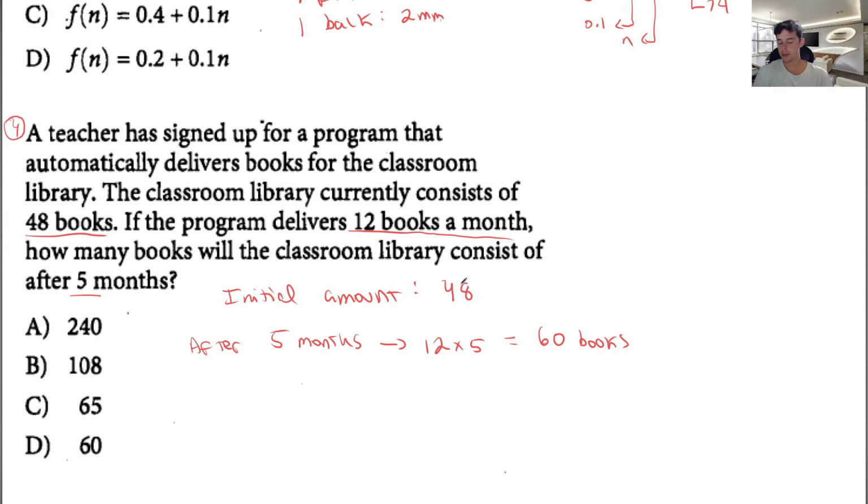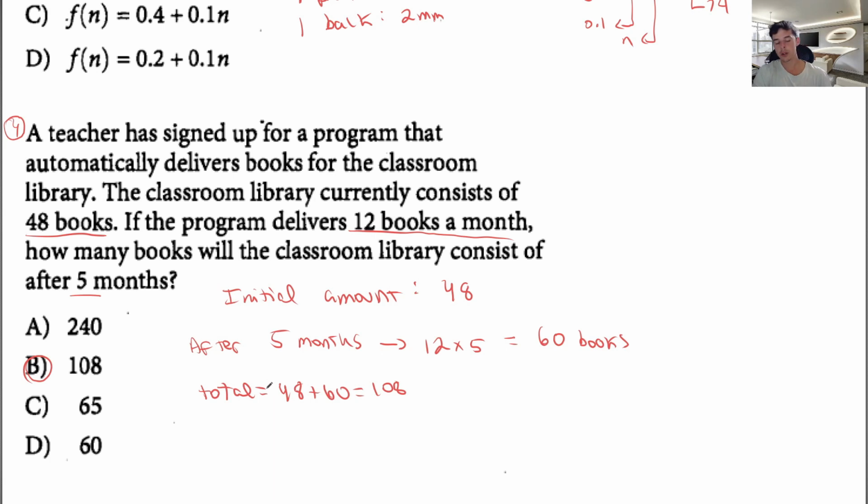So if the initial amount was 48 and they delivered 60 books in 5 months, then the total is going to be 48 plus 60, which is equal to 108.